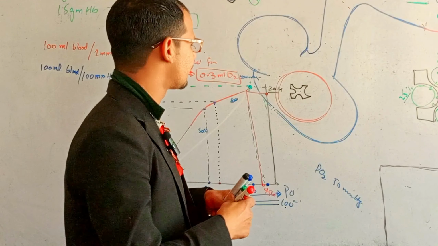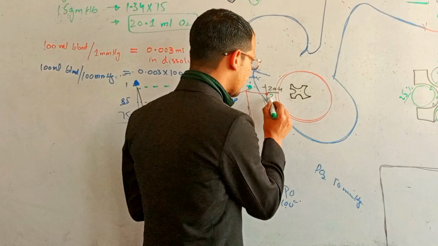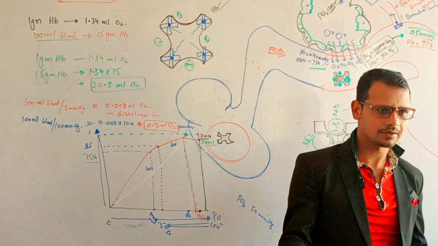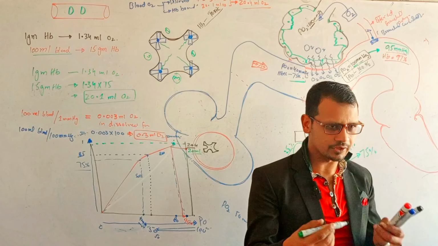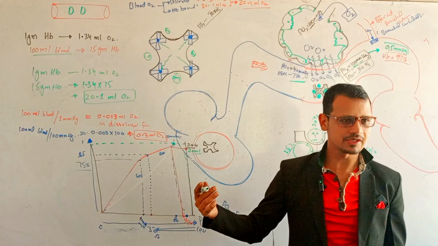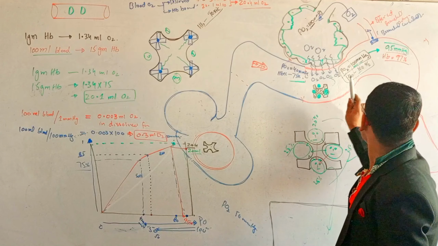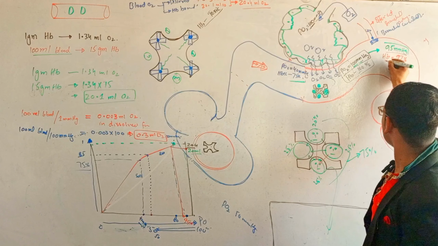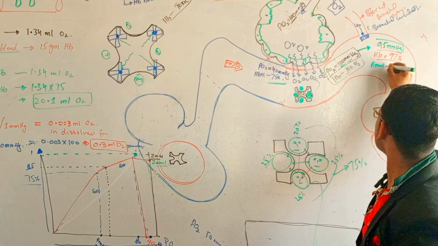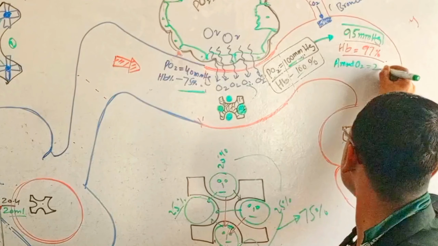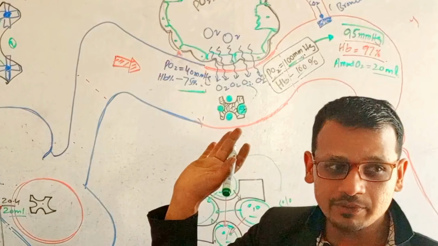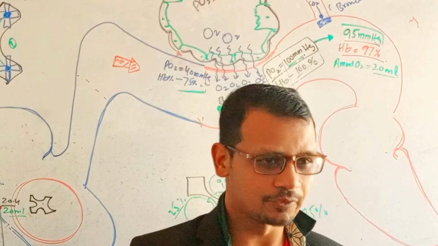So it becomes, for example, 20 ml. Shortly, clearly it is 19.8 or 19.5, but here we are taking 20 ml for ease. Here the content of oxygen in 100 ml of blood is 20 ml.